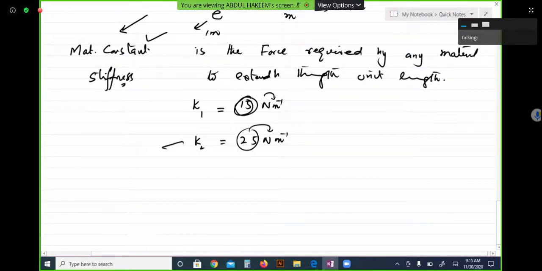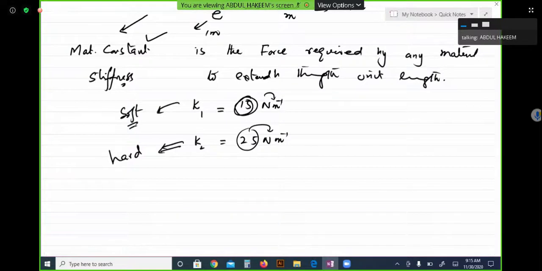So definitely this material is soft and this material is hard. So by comparing the material constant, we can decide which material is hard, which is soft. That's why sometimes it's also known as stiffness.